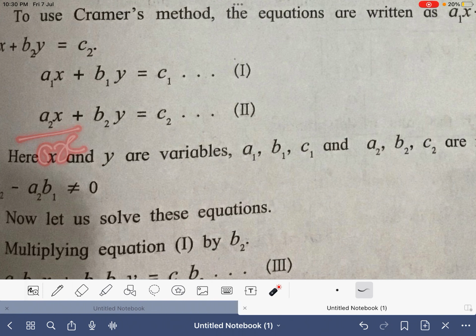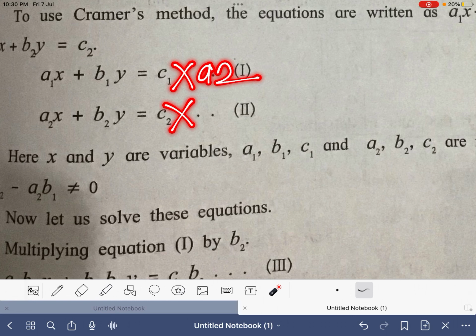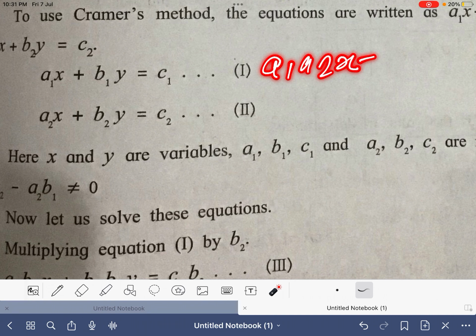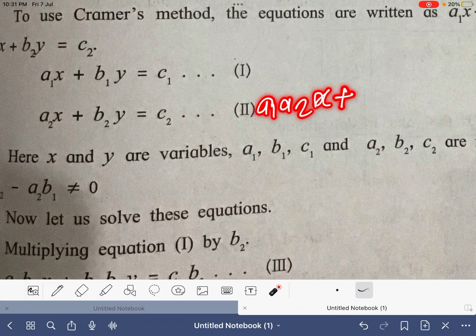For that, multiply the first equation by a2 and multiply the second equation by a1, and then you will get a new equation: a1 a2x plus a2 b1y is equal to a2 c1, and here we get a1 a2x plus b2 a1y is equal to a1 c2.